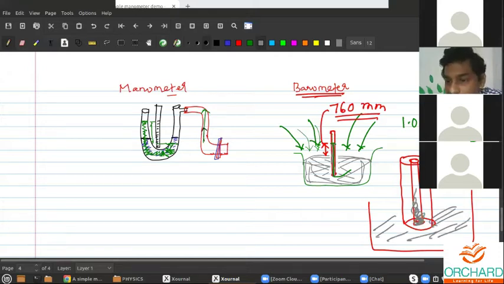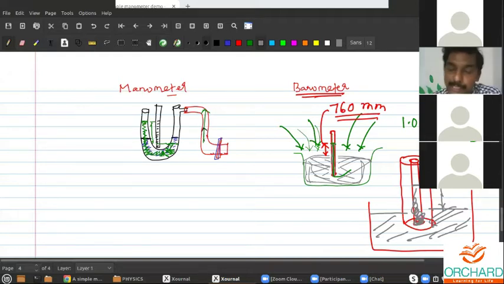That is, from the surface of the mercury, it will rise up to 760 millimeter or 76 centimeter. Both are the same. Up to this, the mercury will flow. If that is the case, then it is called normal atmospheric pressure.